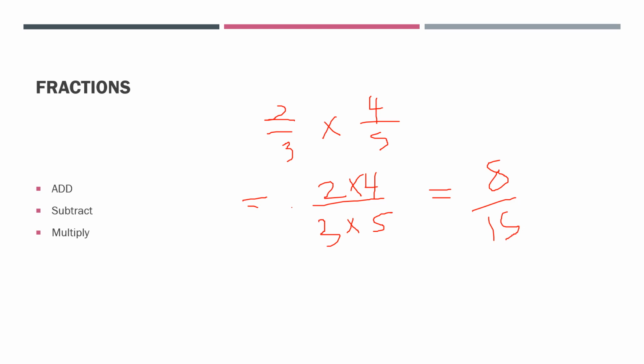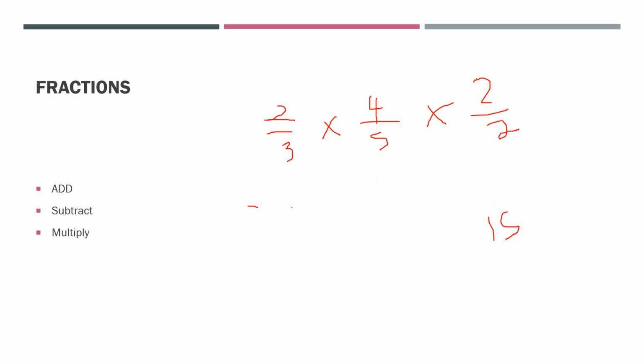Okay, so we basically will do the very same thing if you have another term here. Let's say, for example, you add another term, say now 2 over 2. It doesn't matter, we're just making an example. You just have to multiply everything that is at the top.